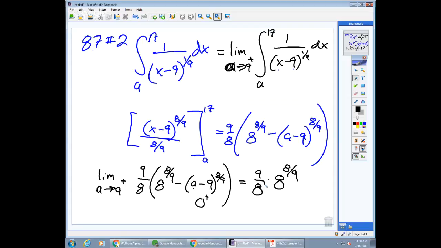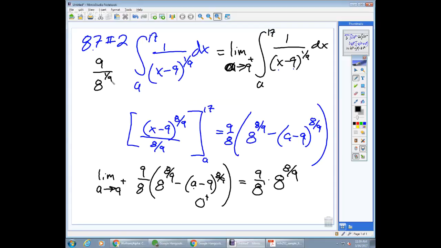So ultimately, it looks like, I'll write it up here, we get 9 over 8 to the 1/9. Positive exponent in the bottom.